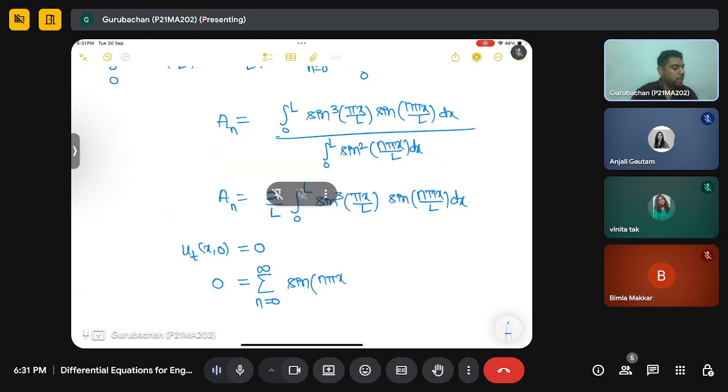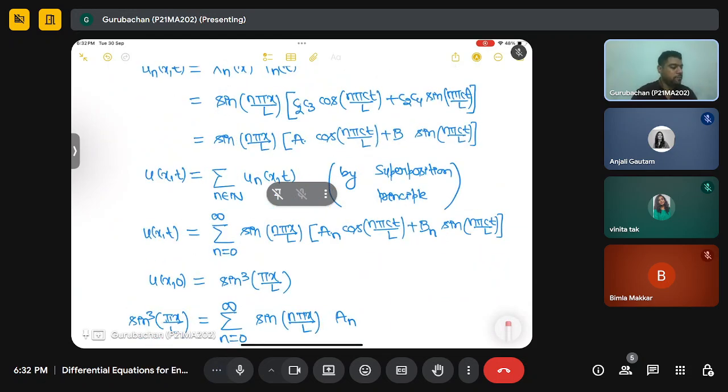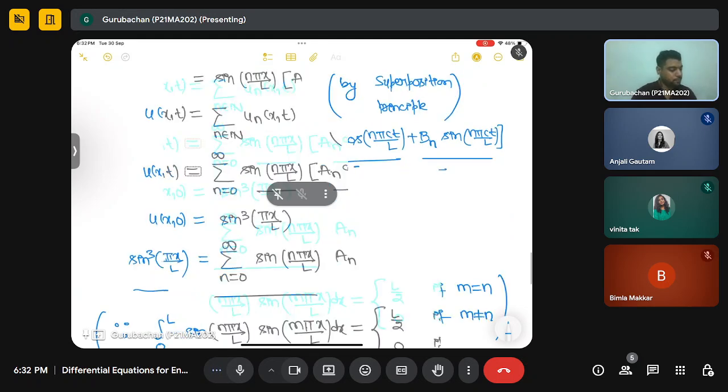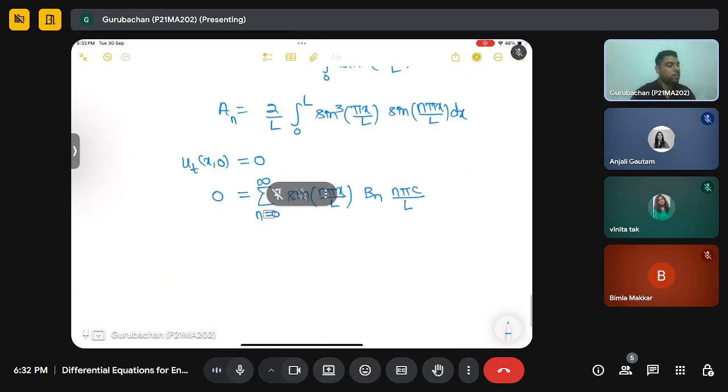Your series is sine n pi x by L, and once you partially differentiate it with respect to t, it will give you a sine function and a cos function, and you put t equal to 0. This quantity will become 0 and this will be left. So bn, and partial differentiation with respect to t will give us n pi c by L, and cos 0 will be 1.